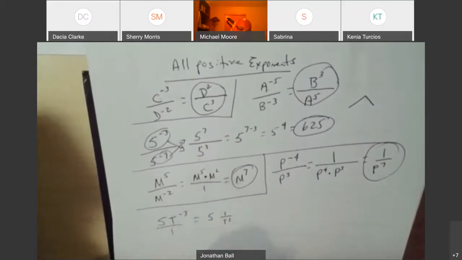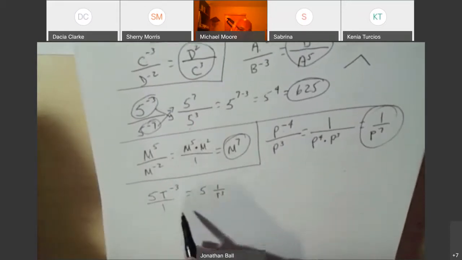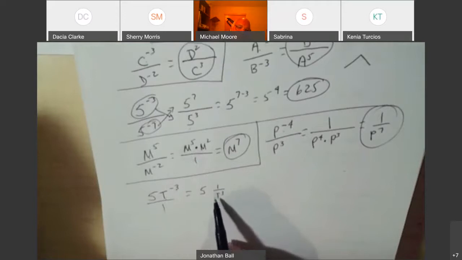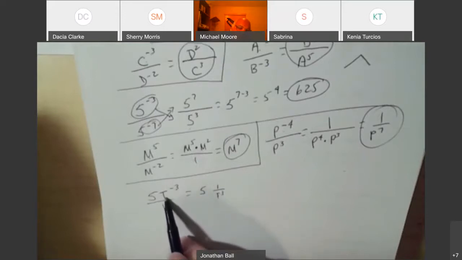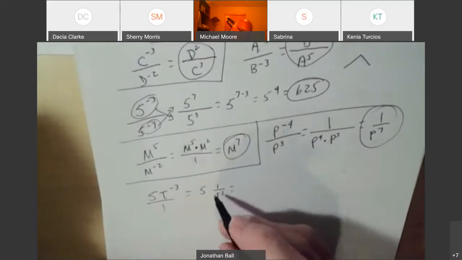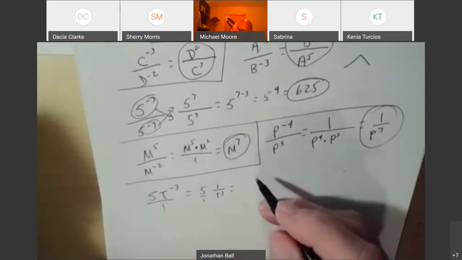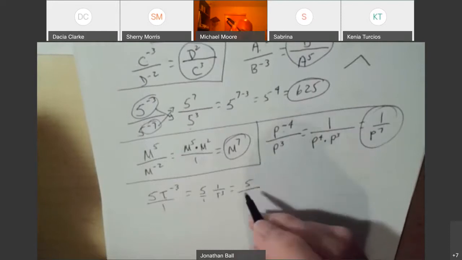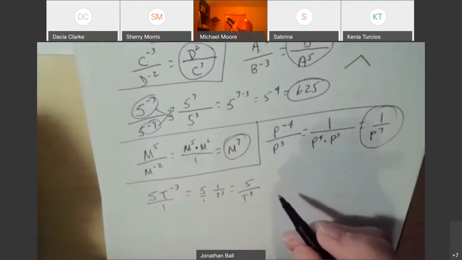All right, this is actually over 1. We just don't write it. But the t to the minus 3 has to get into the denominator. So this is 5 over t cubed.